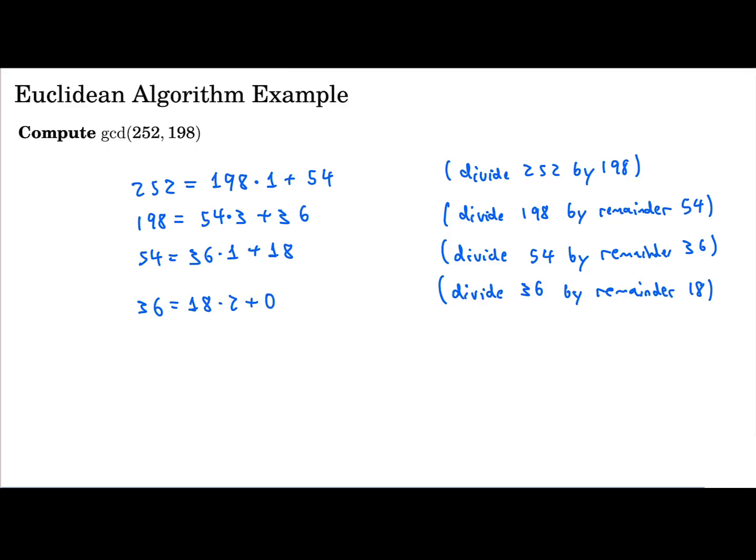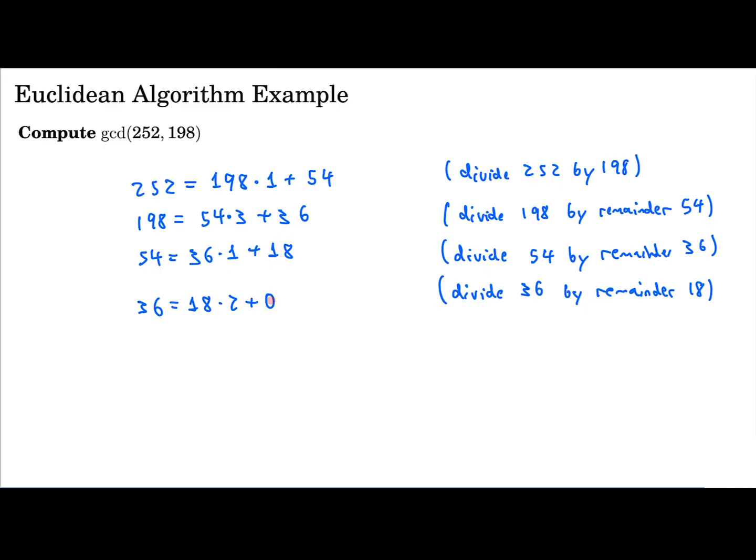And this is where you stop. When you get a remainder of 0, this is where you stop. Your GCD will just be this 18, the previous remainder that you found. If you look at the sequence of remainders, this is the remainder that came before the 0.